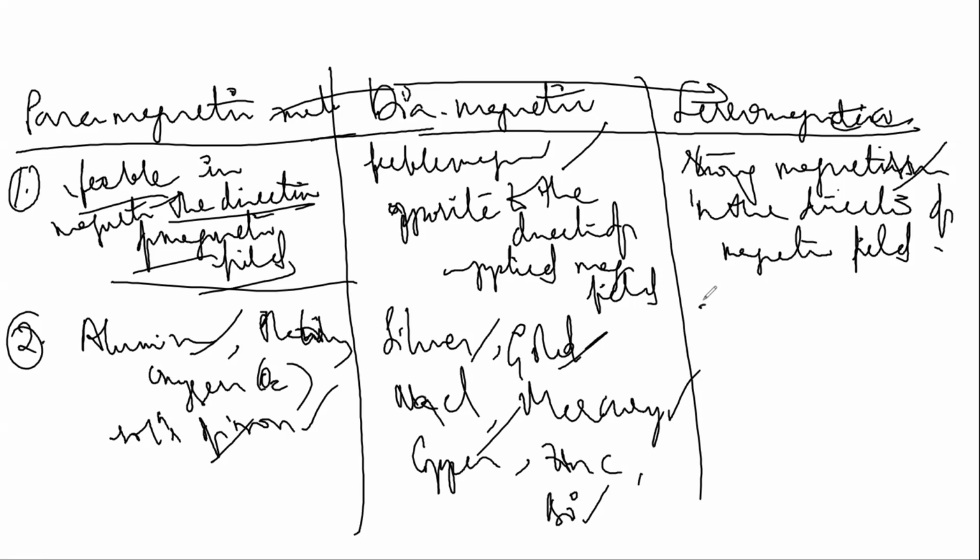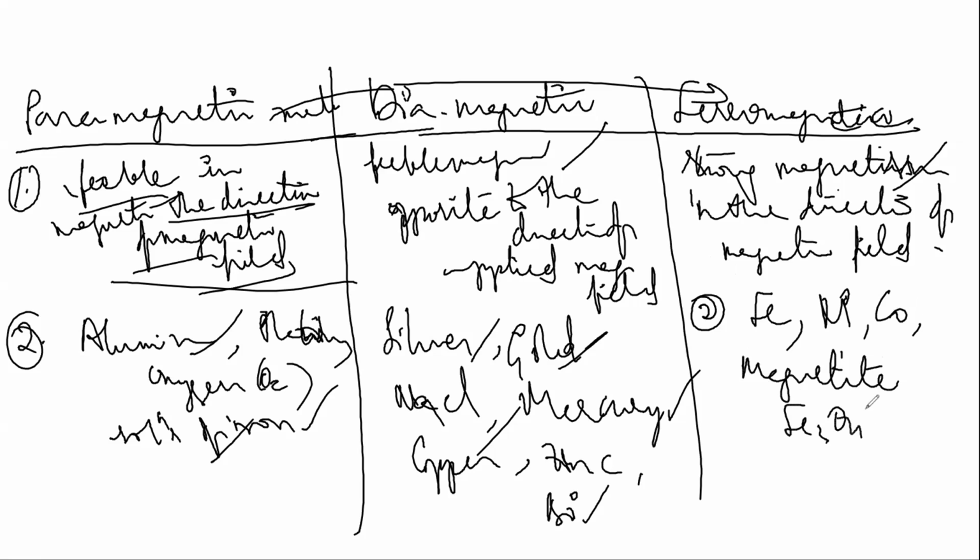When we come to ferromagnetic substances, you know that, right? Iron and all the alloys of iron: iron, nickel, cobalt, and some alloys of iron. And magnetite is also very important. You have to remember this: Fe3O4.